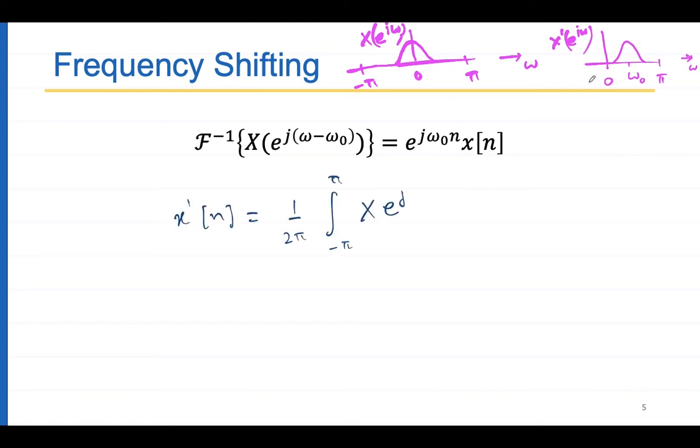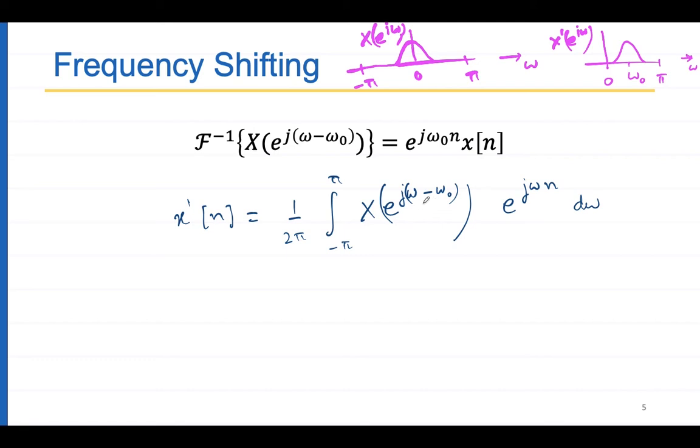It's very simple. Just compute the inverse Fourier transform of this shifted version. You can also go the other way around. You can compute the Fourier transform of this, or you can compute the inverse Fourier transform of this. Both are equivalent. Both will give you the result very easily. Now let's go this way.